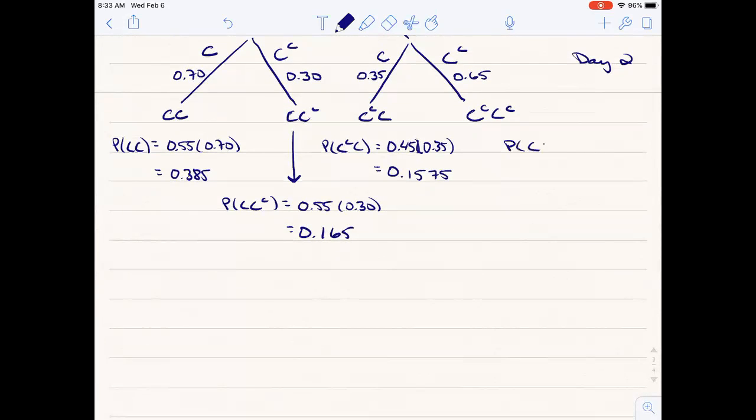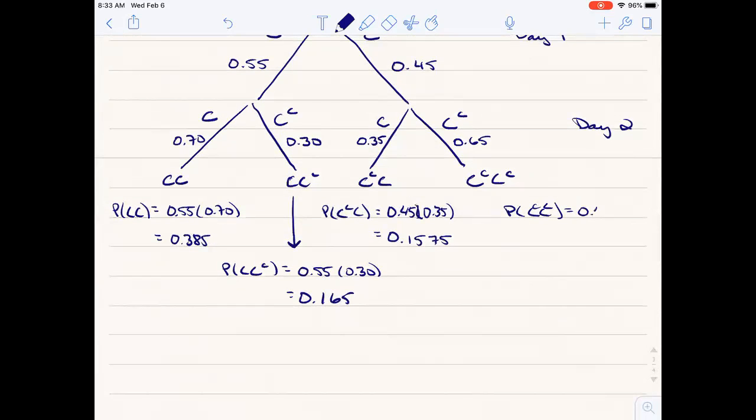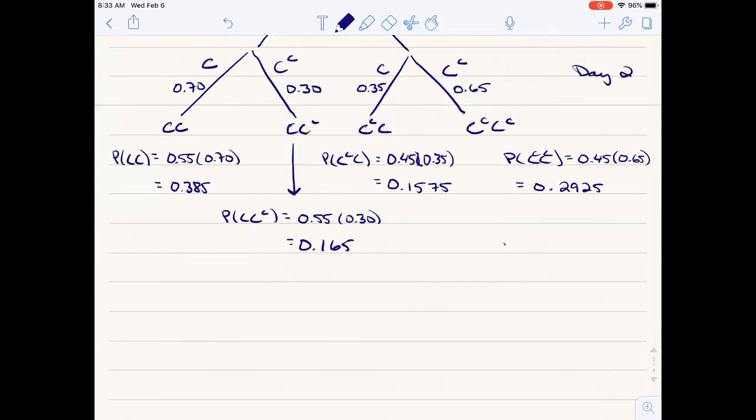And then the probability of not clear and not clear is 0.45 times 0.65, which is 0.2925.